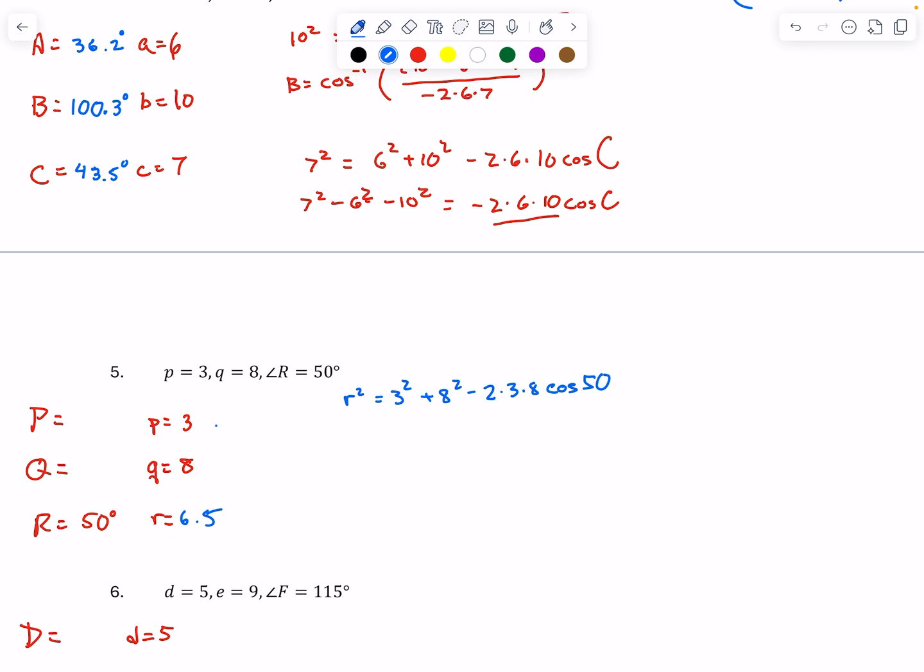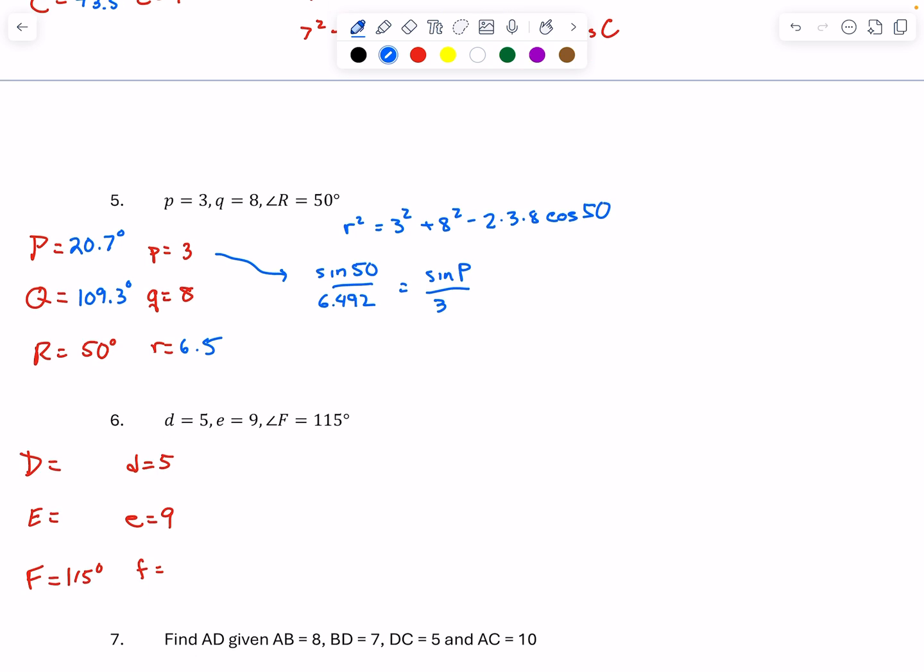Find the smaller of the two angles. And in fact, P comes out to, and Q was bigger than 100, bigger than a 90-degree angle. So you would have gotten a wrong answer if you tried to do law of sines to find angle Q.